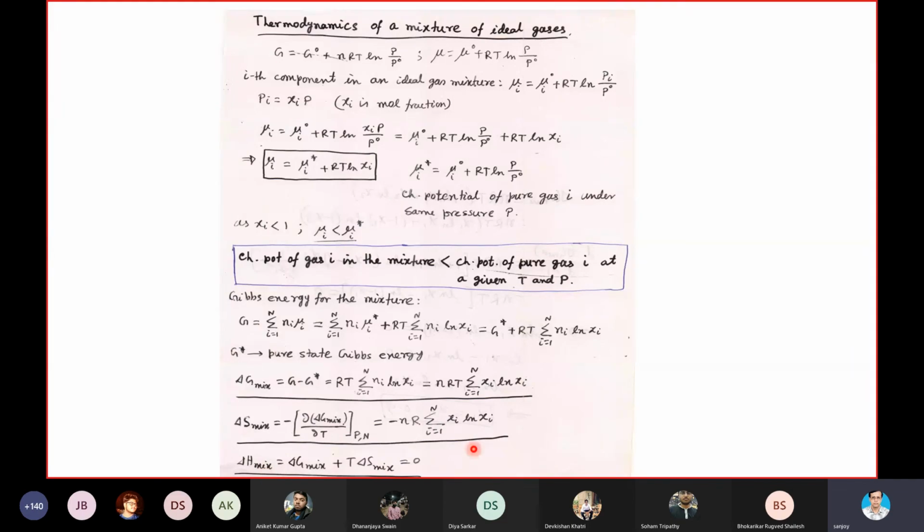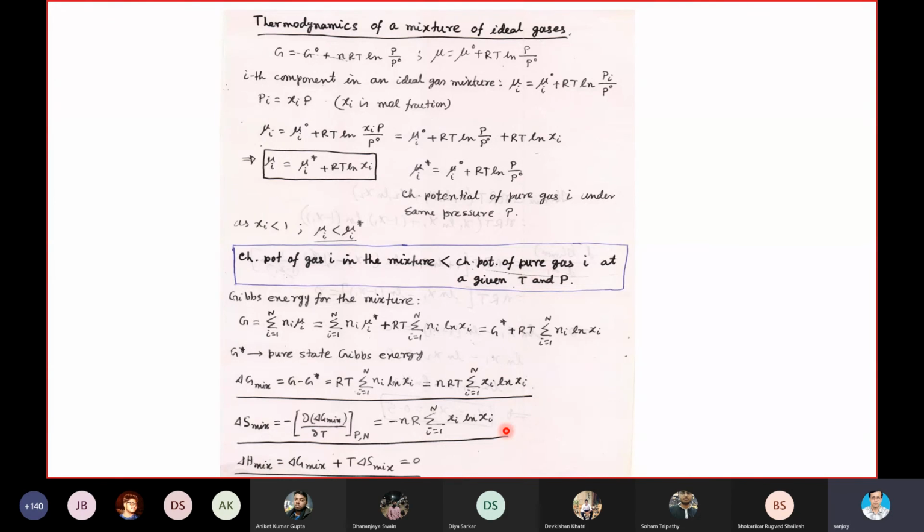Now you see delta H mixing, what happens? What is delta H? Delta G is actually delta H minus T delta S. So from there you can know delta H is actually delta G plus T delta S mixing. So we know delta G mixing, we know delta S mixing. If you write it down, you will see delta H is 0. Okay.